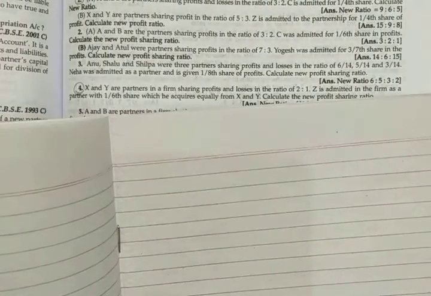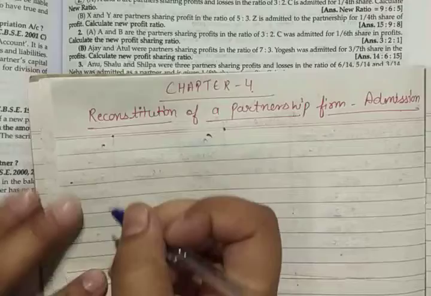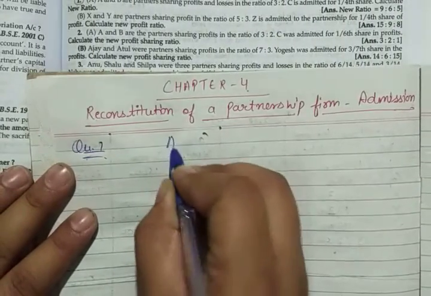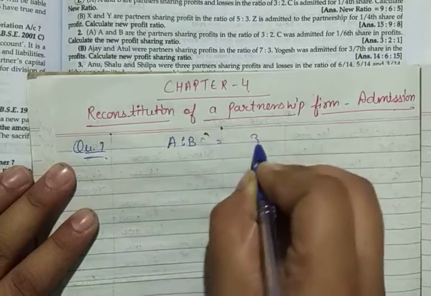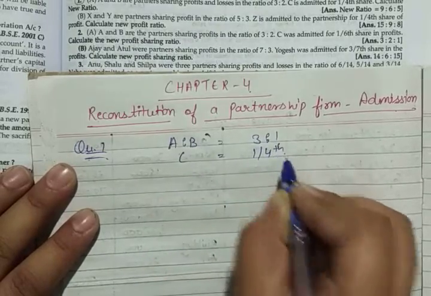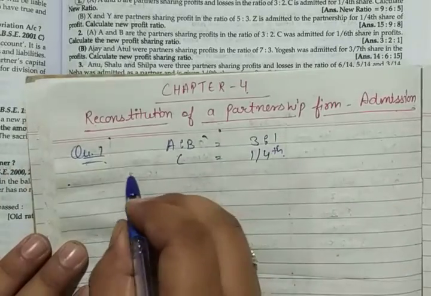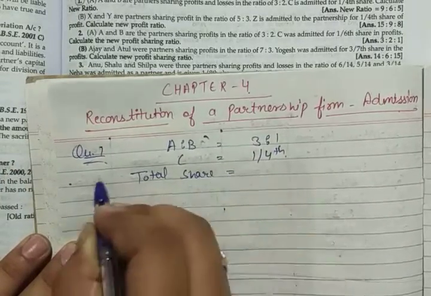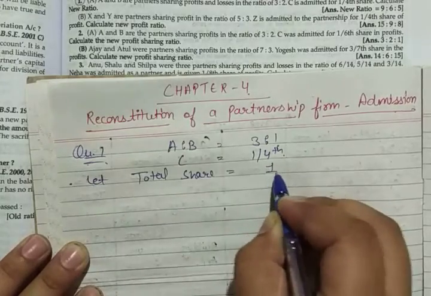So we can do this as question number 1 says that A and B are sharing their profits in the ratio 3:1. They admitted C for 1/4 share. So we can assume that the total share of the firm was 1.